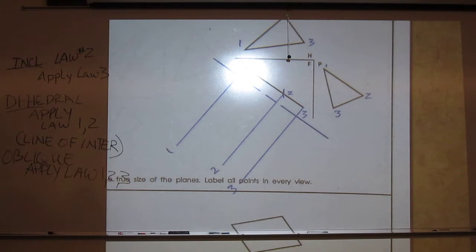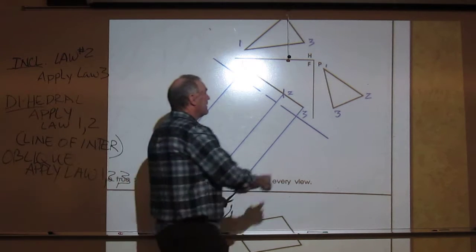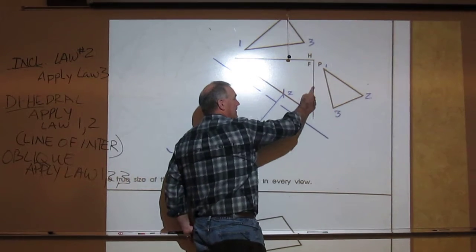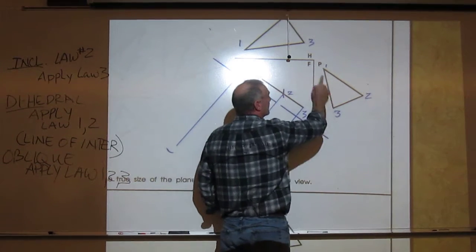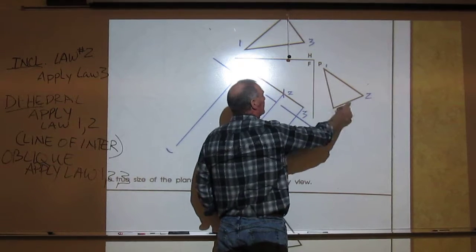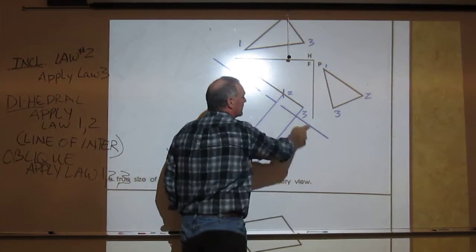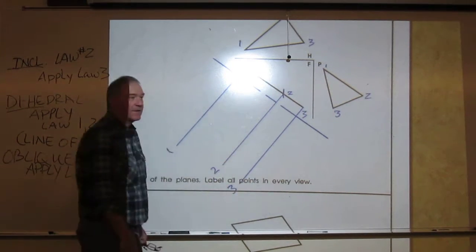Are any of the lines in my two foreshortened views of the incline true size? Just ask yourself, is line 1, 3 parallel to this? No. Okay, so therefore it's not true length over here. 1, 2 parallel? Nope. 2, 3? Nope. So this is all foreshortened. Okay, and that's all you really need to do.